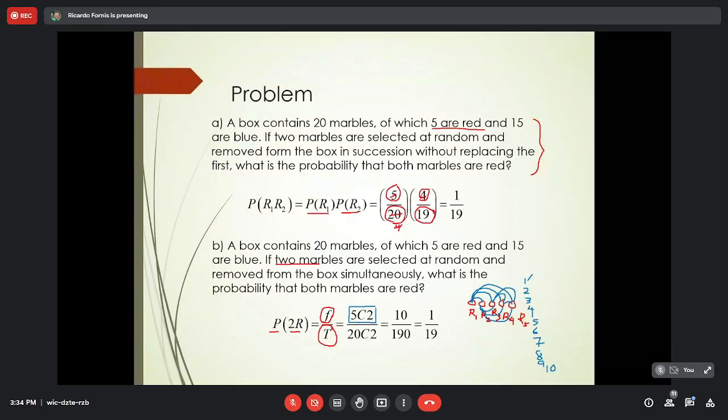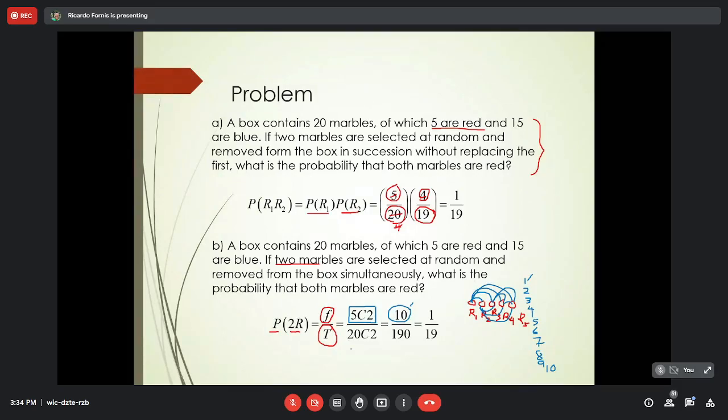You don't have to do it one by one and list the possible outcomes. So we have there 5 combined 2. The result is also 10. So instead of counting it one by one, you just apply the principle of counting. In the principle of counting, this is combination, where you have 5 objects, because there are 5 red marbles, and you take 2, and you are interested in 2 red marbles.